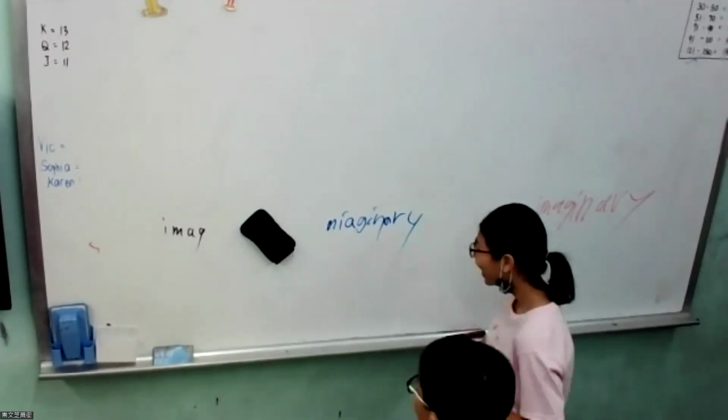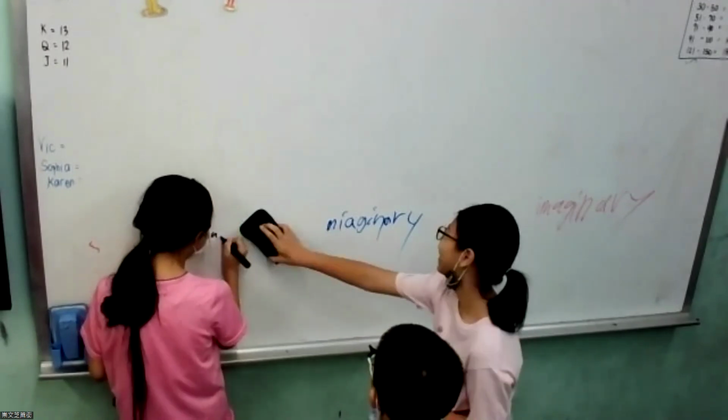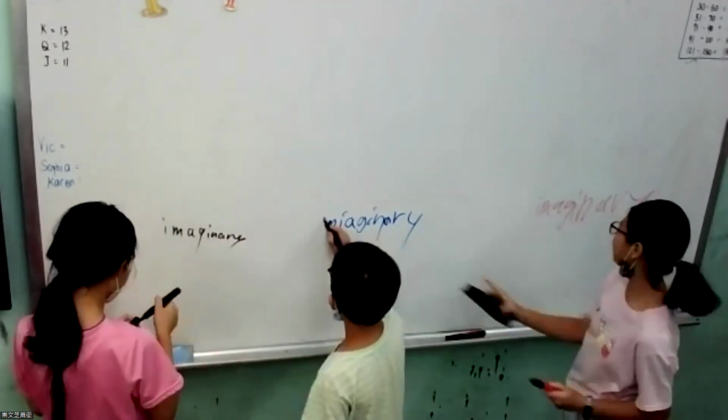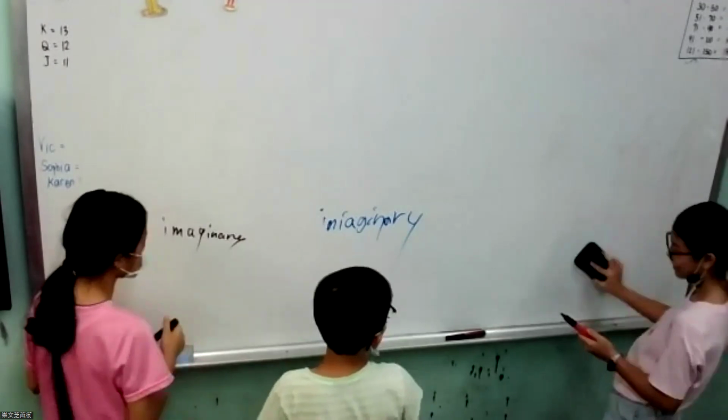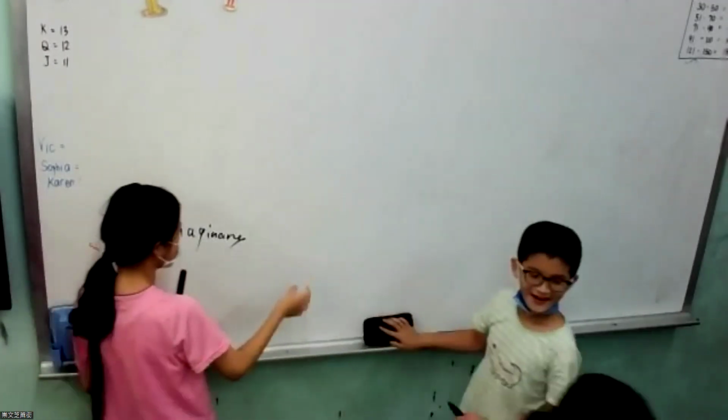Okay, Karen got it first. Imaginary. Good. Karen, you get a card. Imaginary line. Okay, good.